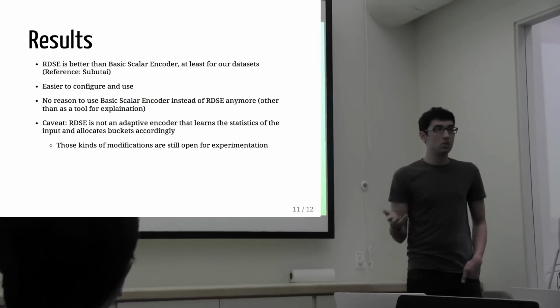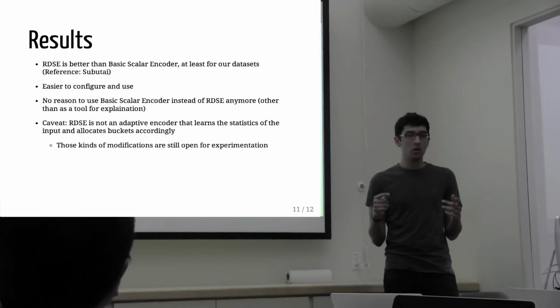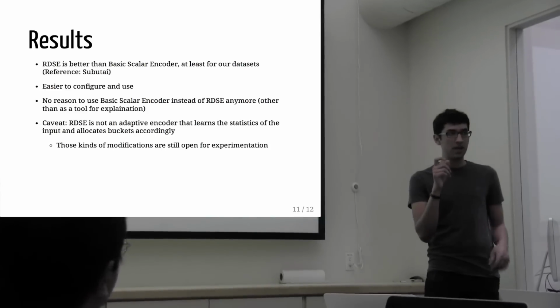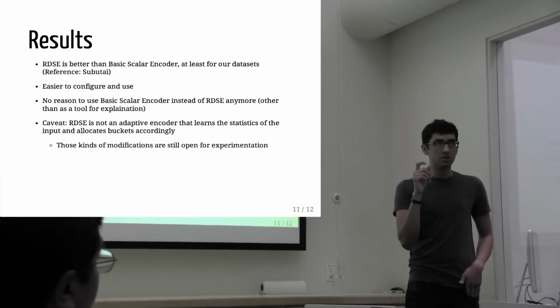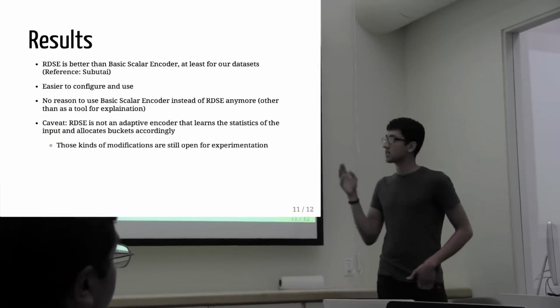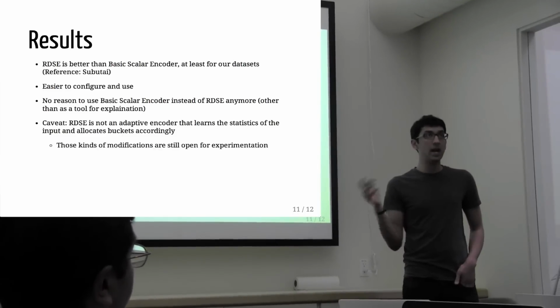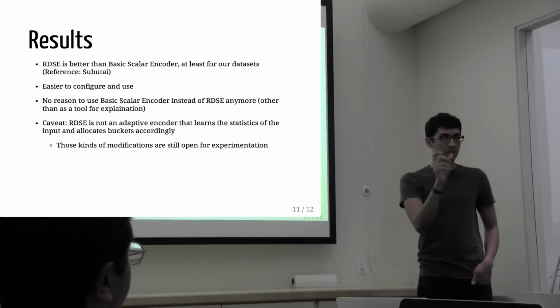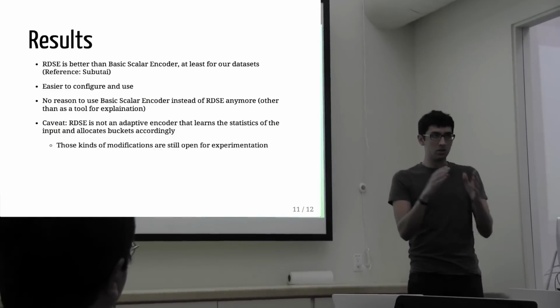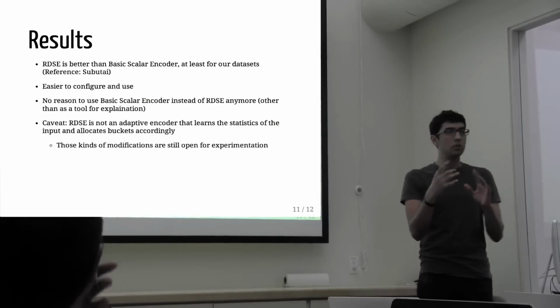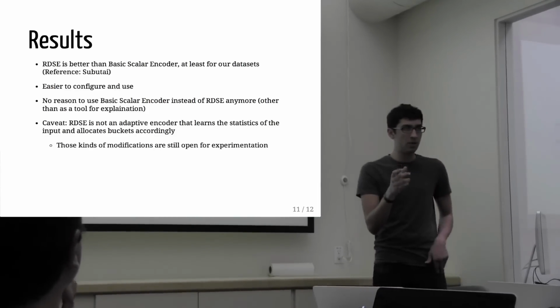It's easier to use and configure. The user with the basic scalar encoder has to specify the min and the max, whereas in this case they don't have to. They would have to specify min, max, and W, which is implicitly controlling that resolution or range.